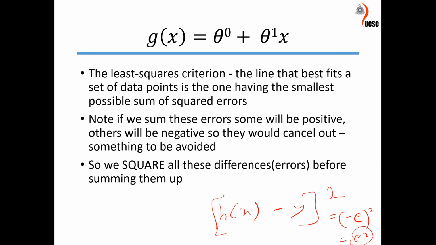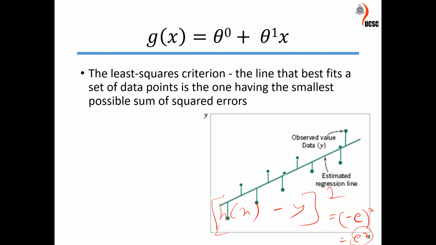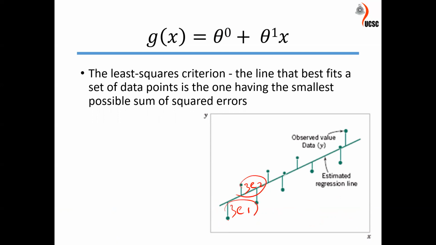So basically we take the errors, E1, E2 like that, square each error, and take the summation. We should consider all the data points, because our line should fit all the data points.